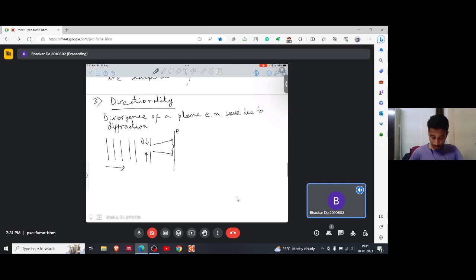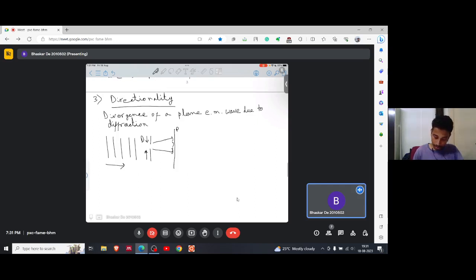By the definition of diffraction, you know that if there is a plane EM wave incident on a small aperture, it will diverge. These are the wavefronts of the laser beam, that is plane or straight line. It is looking like a straight line, but it is actually like this.